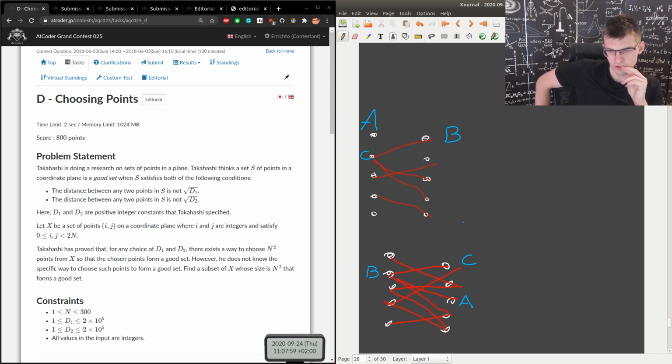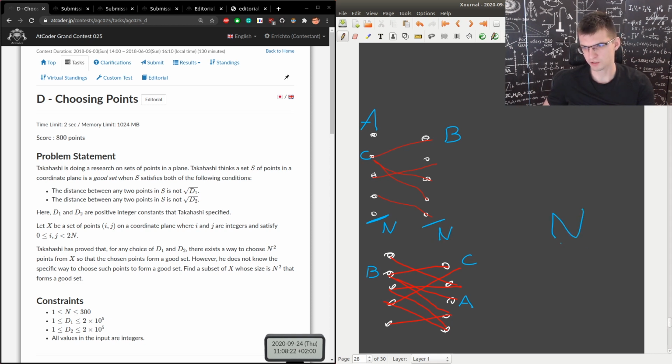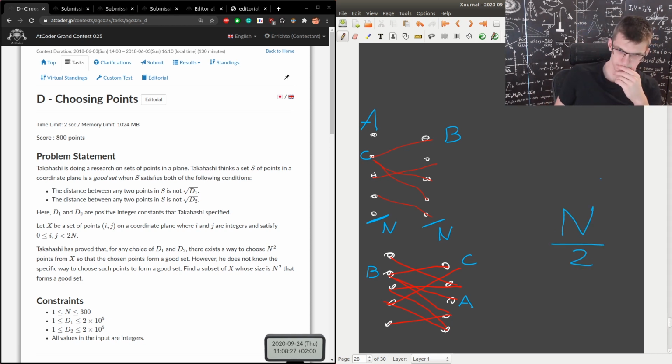And I need to choose, in total on each side here there is how many vertices? V over 2 or just n? Yeah, each side. On the left here we have n, on the right here we have n. So in total 2n. The other graph also has 2n vertices. I need to choose n over 2 vertices. How do I do that?